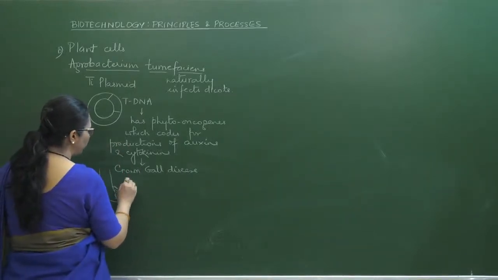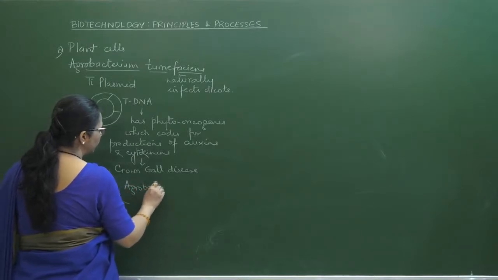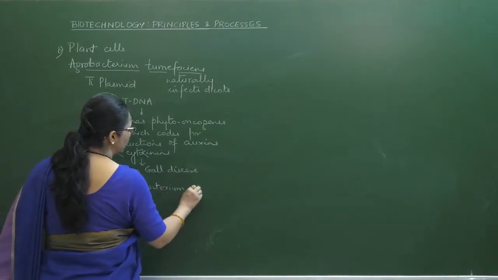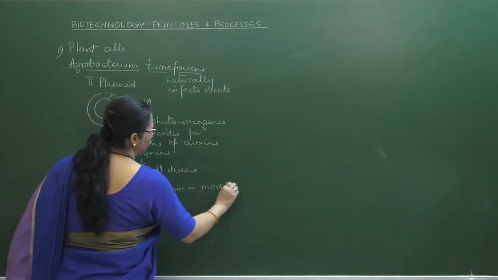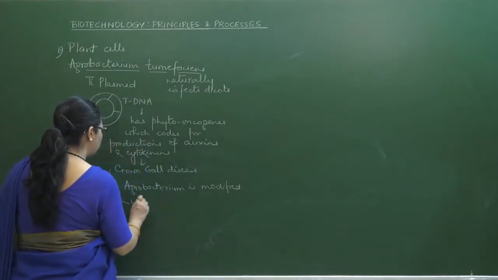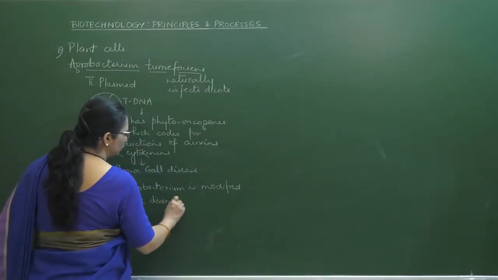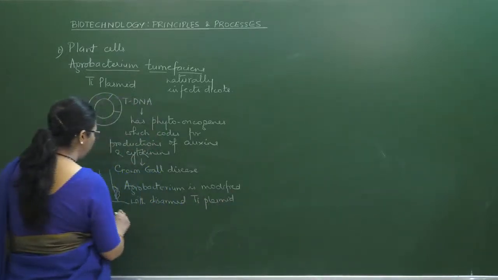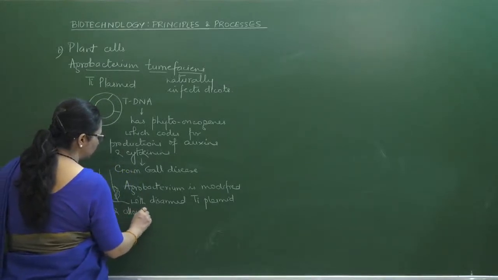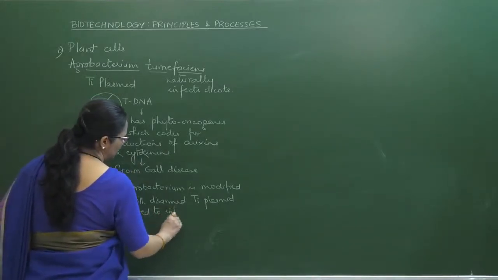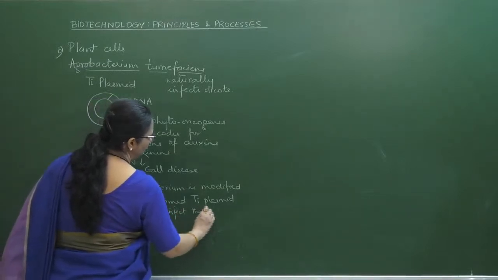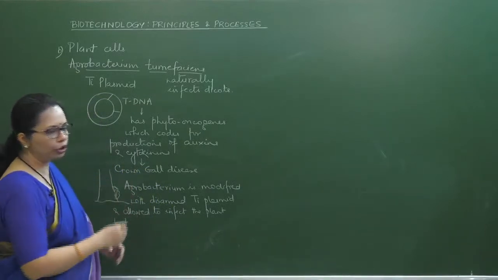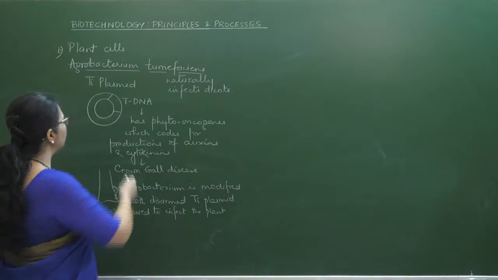So Agrobacterium is modified with the disarmed Ti plasmid and allowed to infect the plant host. Okay, so now what will happen? The gene of interest also gets incorporated. So this is the most common method, you see.